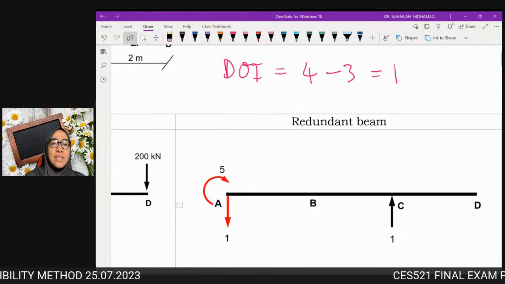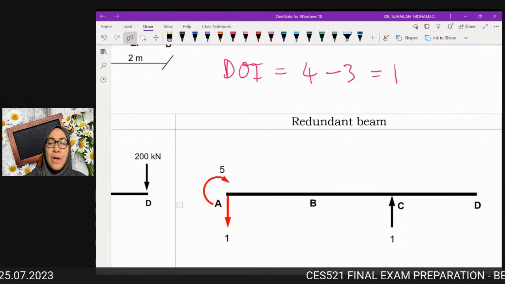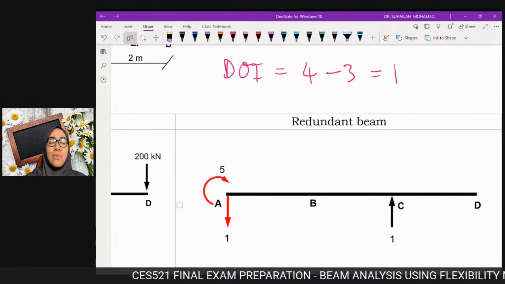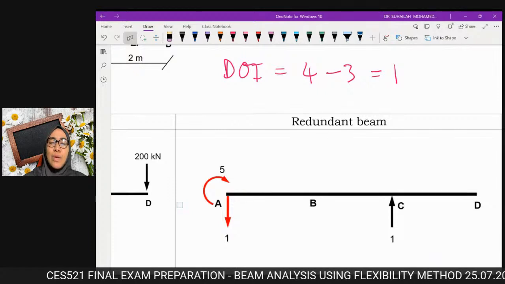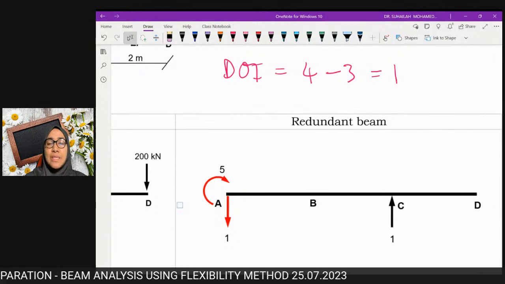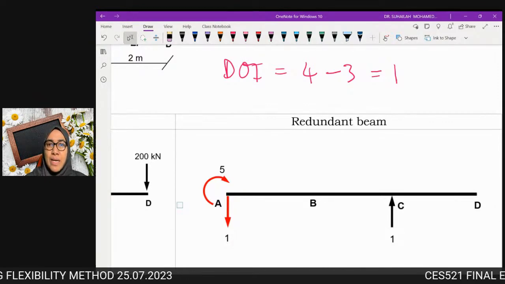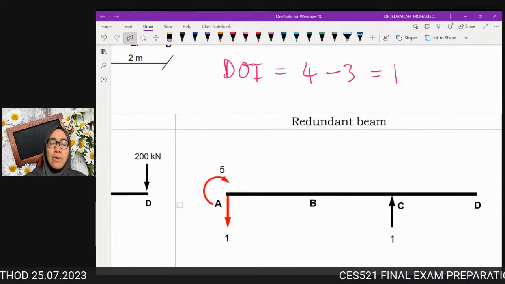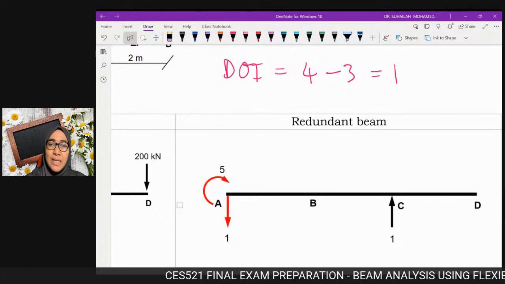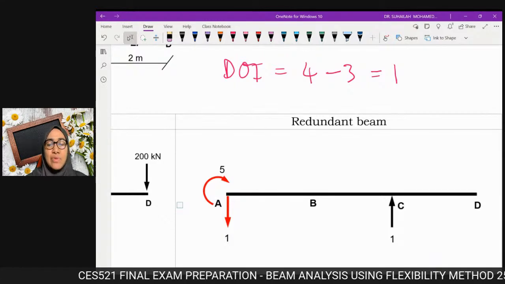Okay, so next is the redundant beam. We have the primary beam and the redundant beam, because whenever we remove the redundant, we actually apply the principle of superposition. In the principle of superposition, we remove the redundant, and we apply the unit value of the redundant in another diagram called the redundant beam.